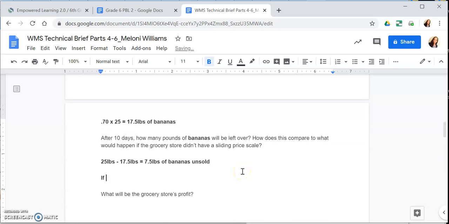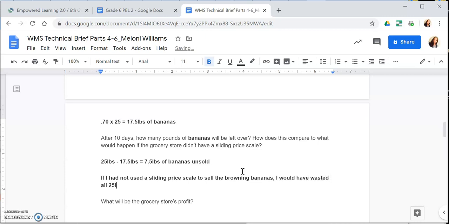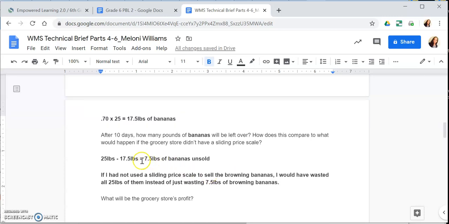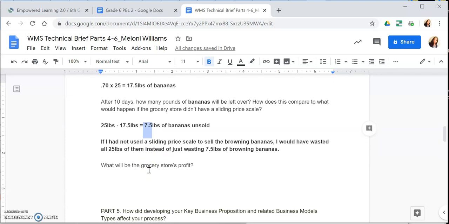Now, I know that if I had not used a sliding price scale to sell the browning bananas, I would have wasted all 25 pounds of them instead of just wasting 7.5 pounds of browning bananas. So I was able to sell some of them. Even though I didn't sell all 25 pounds, I did sell some. So I only wasted this much compared to 25 pounds.